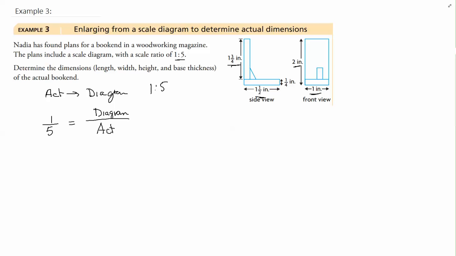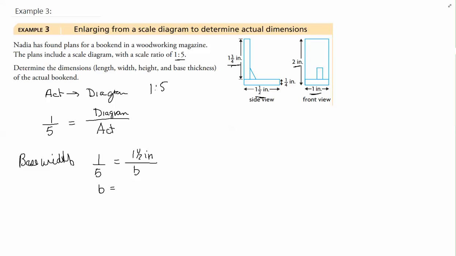So let's start with the base width. And so we have 1/5, and our diagram is 1.5 inches to the actual base width. So I'll call that B.